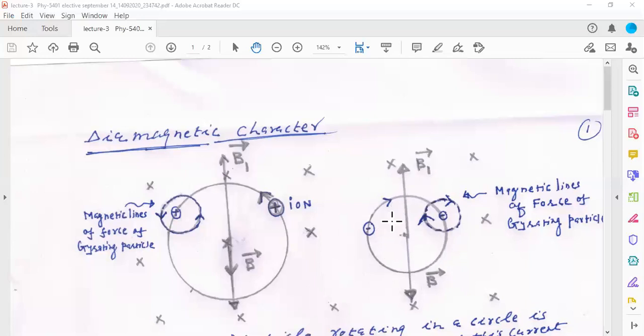And similarly, you can describe the gyration of an ion with the help of the left hand: keep the thumb of your left hand along the field direction.